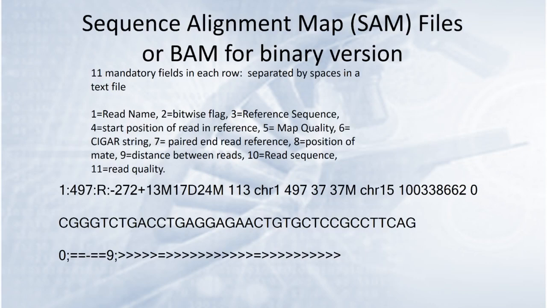Another file that has an important format that's very common in different applications in bioinformatics and genomics is what's called the SAM file. It's a very common output for assembly or alignment files, and it's the sequence alignment map. Basically, it's just a text file with the information in predictable places separated by spaces.